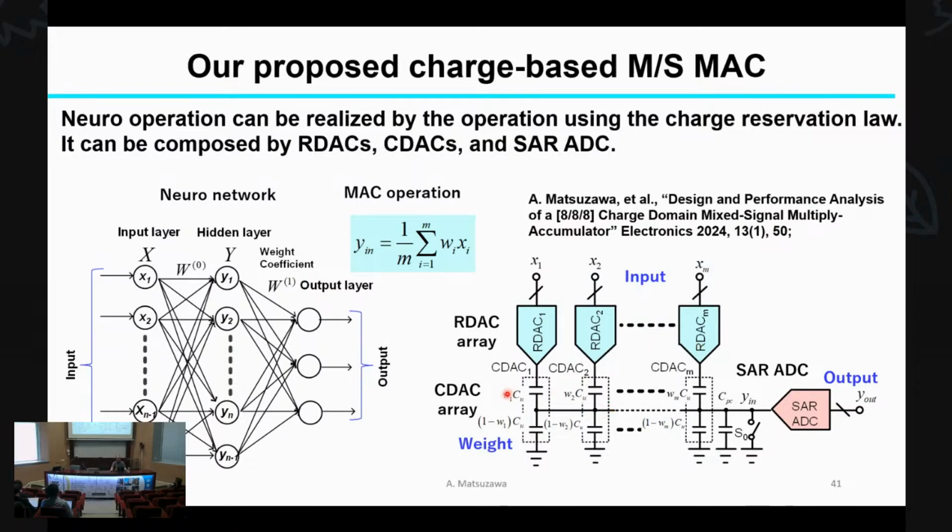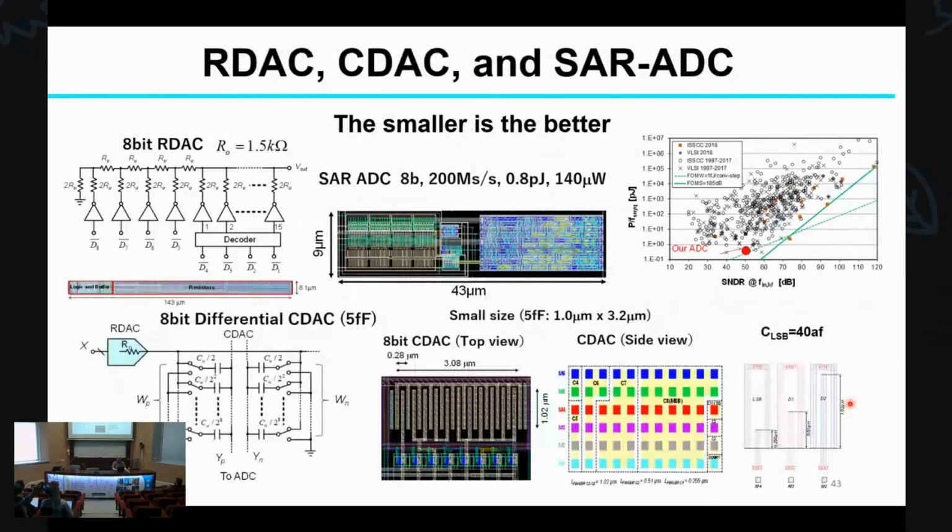So we are now developing a charge-based MAC composed with an ADC, using a very small energy ADC and a very small capacitor, the size is only 3 micron by 1 micron for the capacitor.